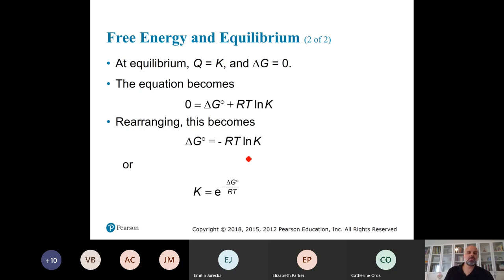Or you can solve for K: K is equal to e to the minus delta G naught over RT. All we did was rearrange the free energy equation into an equilibrium expression.